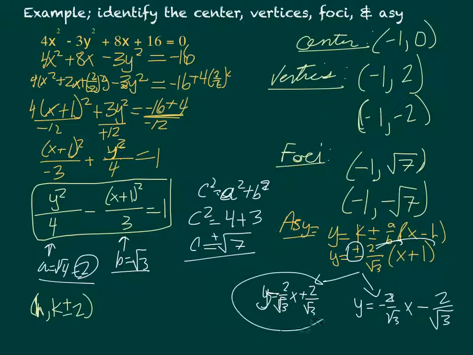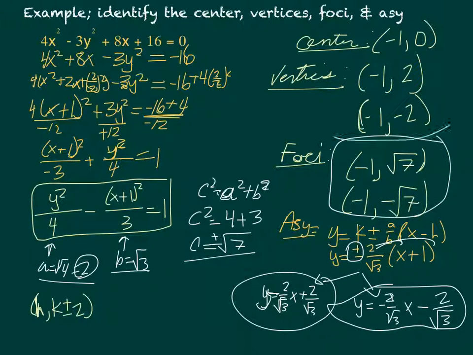So those are your two possible asymptotes. There are two asymptotes on all hyperbolas. So those are all your answers.